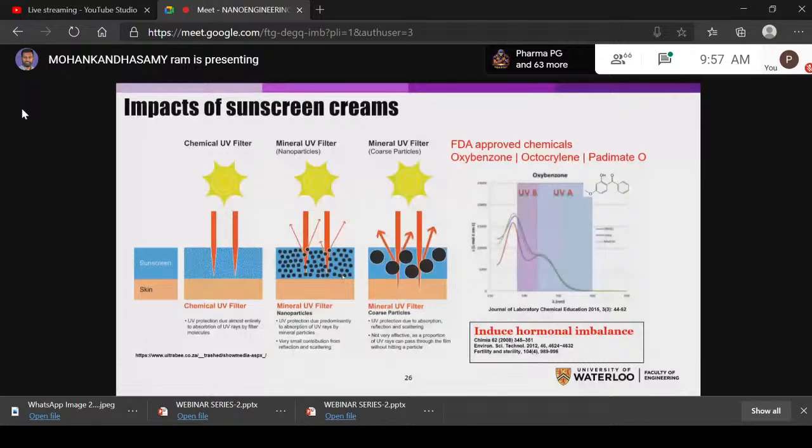After you apply your sunscreen, what will happen? You go back to your home and wash it off. Where will the sunscreen ingredients go? They go directly into your water stream, like ponds, rivers, and the sea. They will bleach the coral reefs, and they will cause some mutation or deformity in wild sea animals. That way, these nanomaterials are so dangerous these days.